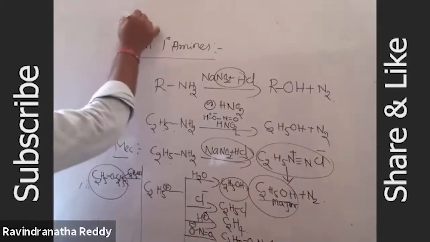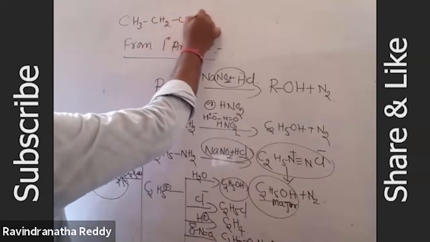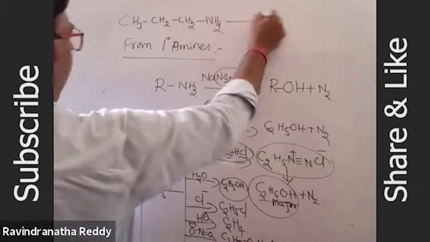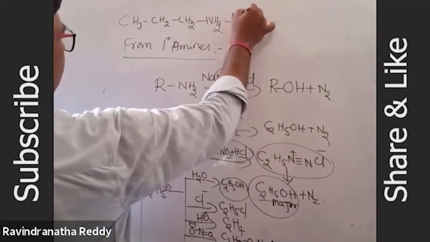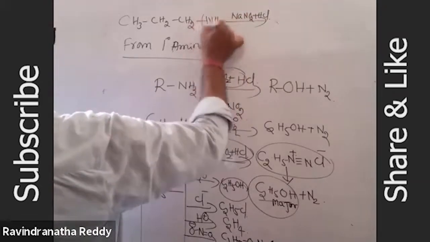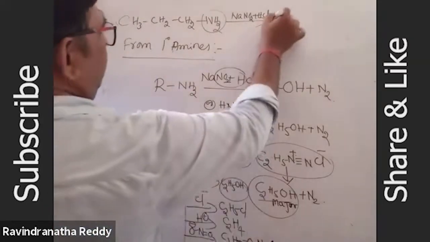Question, note down: CH3CH2CH2NH2, a primary amine, reacts with NaNO2 plus HCl. What is the answer? Don't just write substitution by OH, that is wrong. In the mechanism the intermediate is CH3CH2CH2 plus, a carbocation, so rearrangement is possible. A hydride shift gives CH3CH plus CH3. Now OH minus attacks, and we get the alcohol CH3CHOHCH3.